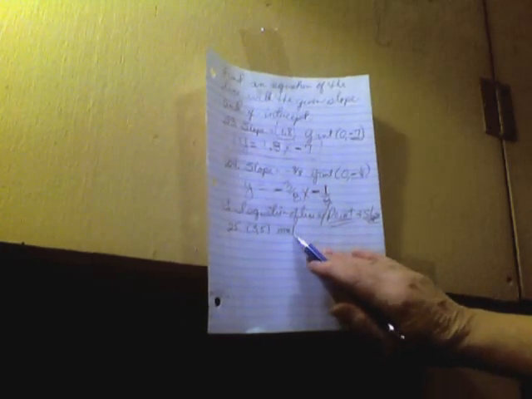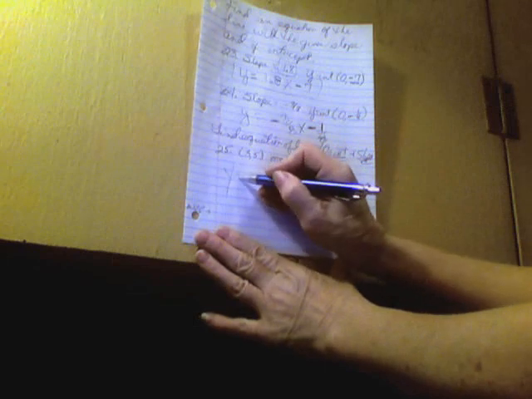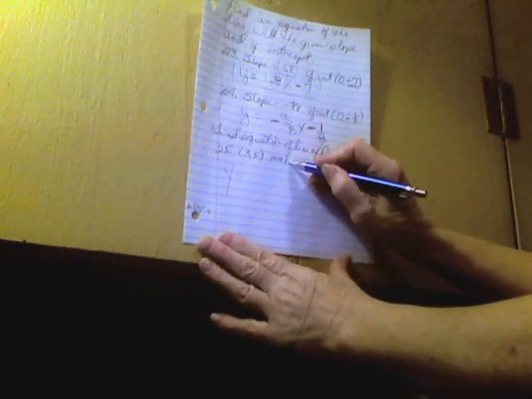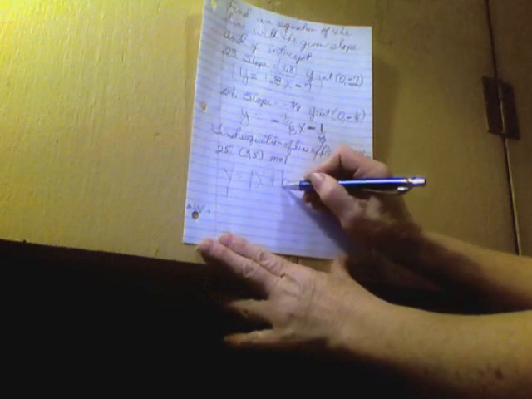Okay, 25 will be a little more complicated. We need one more step here for 25 and 26. What we need to do is, it gives us a point and a slope. Okay, we're going to use the same y equals mx plus b. We have y equals, our m is 1, our slope is 1, so 1x plus b.